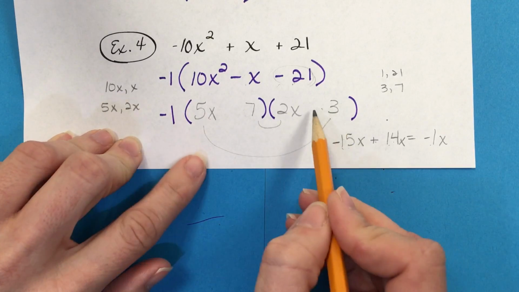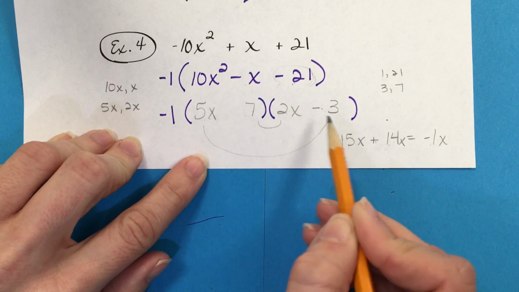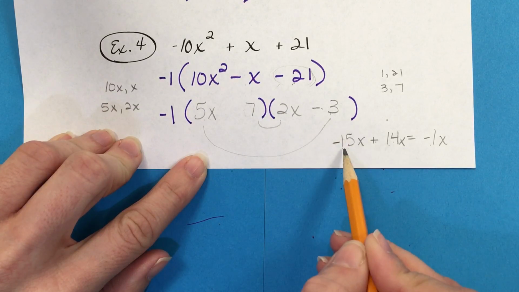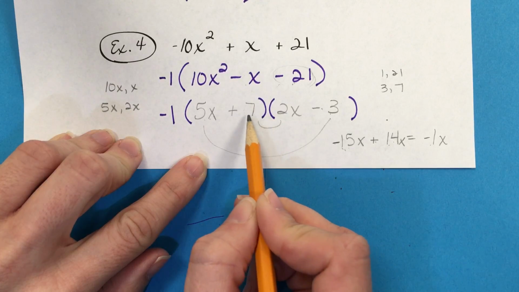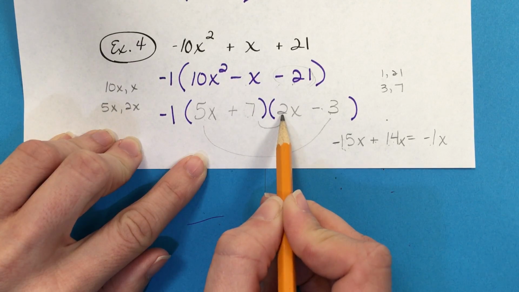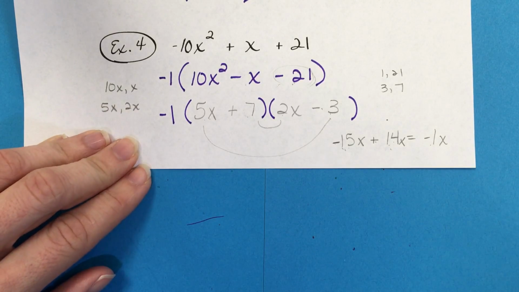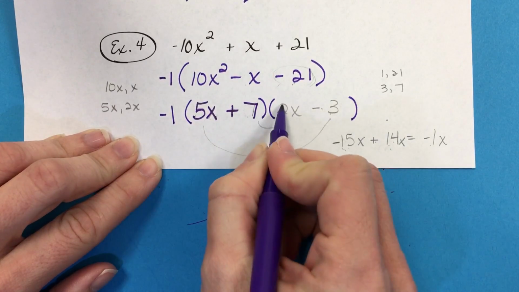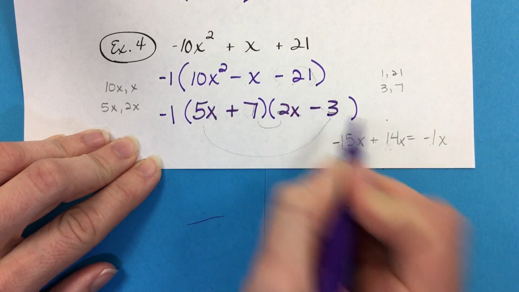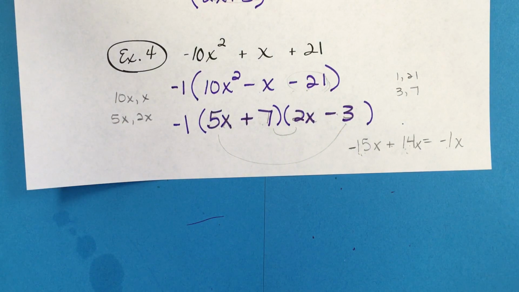So this would have to be my minus sign, because +5 times -3 gives me that -15. Put a plus sign here because a +7 times a +2 is going to give me my +14. So this is the correct combination for this problem. So you just kind of have to play around with your numbers in order to make these work out sometimes.